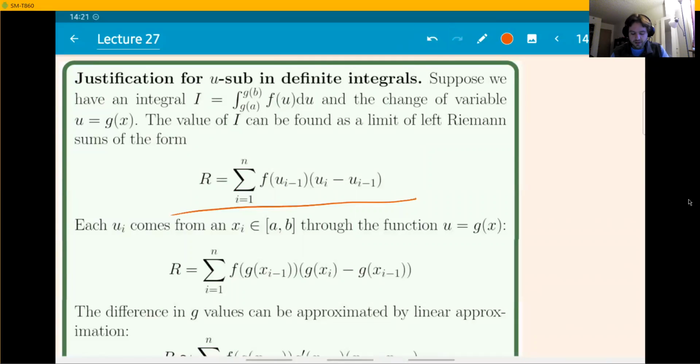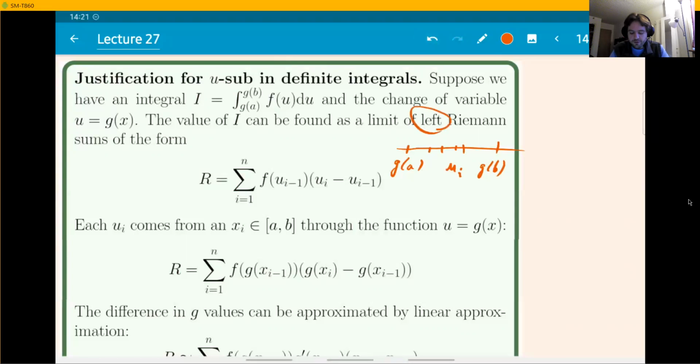So what we are considering is that we are dividing the interval between g of a and g of b. Imagine that interval, g of a, g of b. We are considering a partition of that into many points that I'm calling u_i. And the one that I usually call u_i star, the one that I choose inside each one of the pieces, I'm choosing that to be also u_{i-1}.